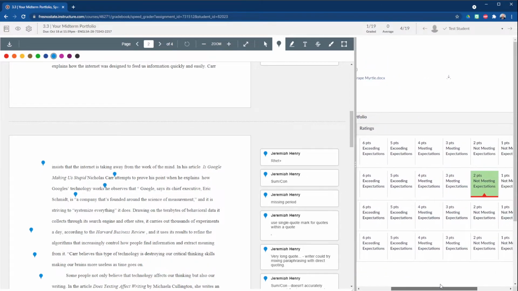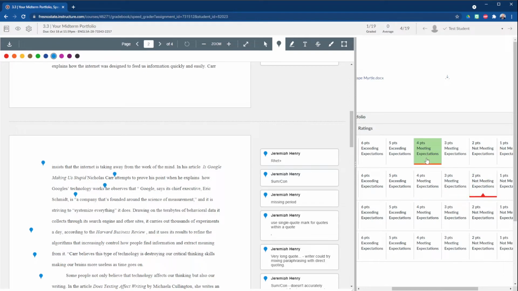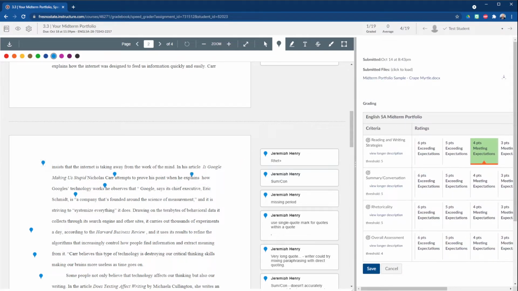So maybe reading and writing strategies I can say is meeting expectations, headed toward exceeding expectations, because again they've done a very good job in part of the quotation sandwich, the setup. All of the times they say the author's name and match that with a verb in their signal phrase, and then just kind of smoothly going from sentence to sentence, quoting and summarizing and such.